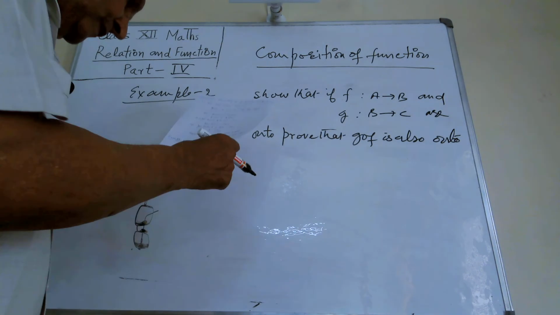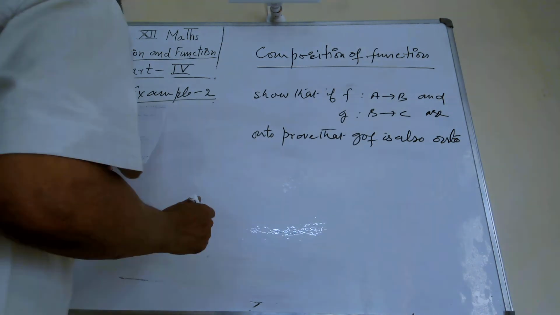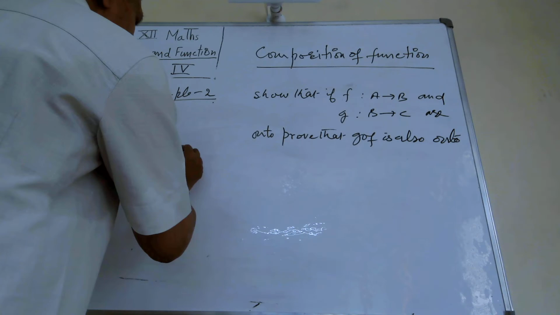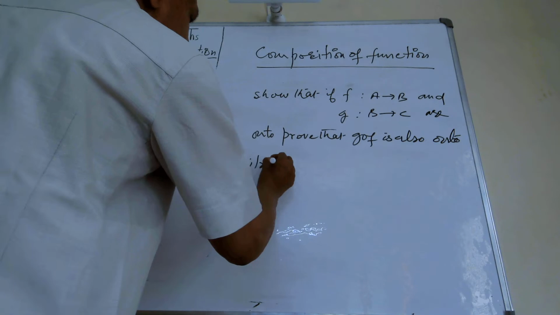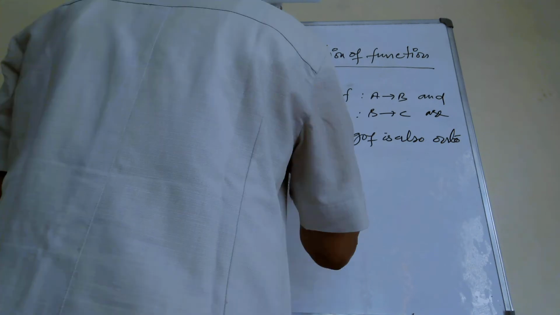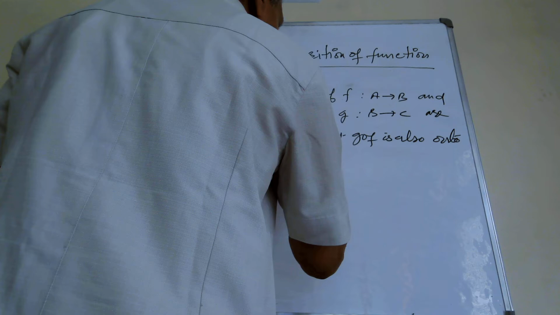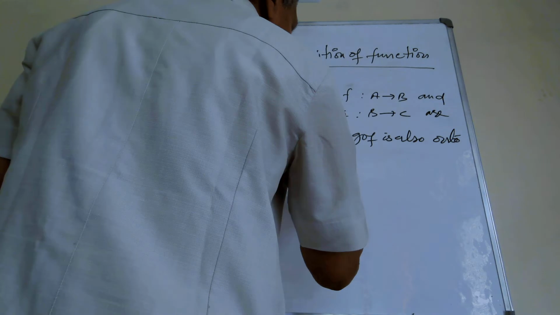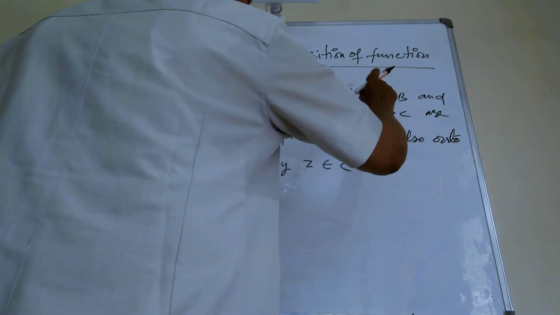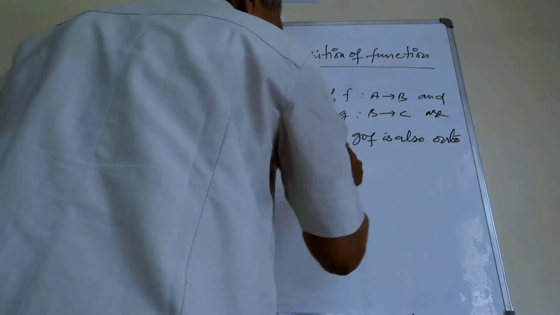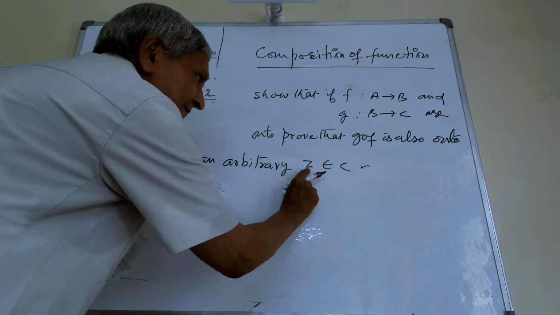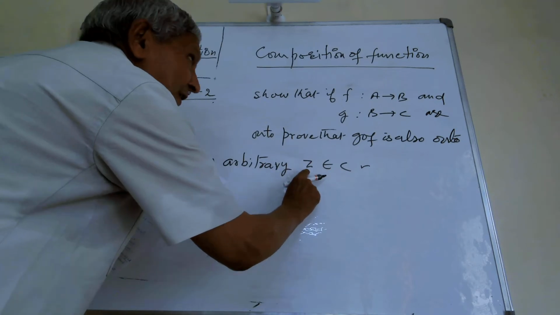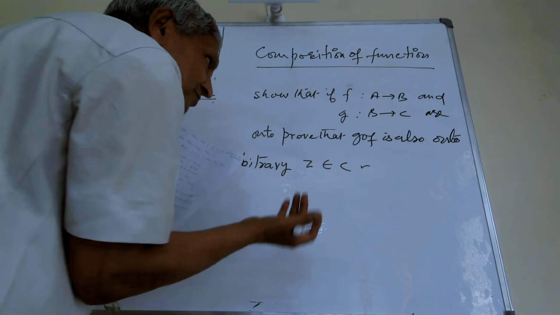Here, first, an arbitrary element z belongs to C, because we have to prove this function gof from A to C. This element belongs to C. It means this z certainly has a pre-image in B. This is the onto condition.